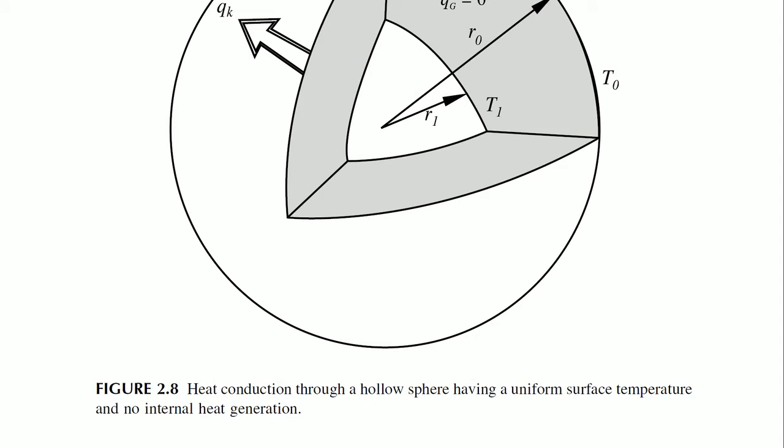So, we have all this beautiful heat conduction through a hollow sphere having a uniform surface temperature and no internal heat generation. I do not know where we can think about this except maybe some shield which is used on top of it. I will avoid using the word bomb, where probably there is enough heat generation.